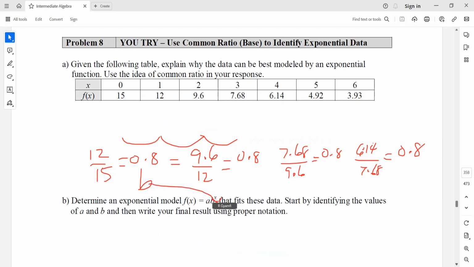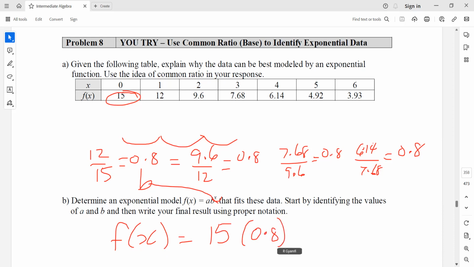Now, what is a? A is 15, the initial value, when x is 0. So we have f of x equals 15 times 0.8 all to the power x. Remember, you don't change the exponent, it's to the power x.